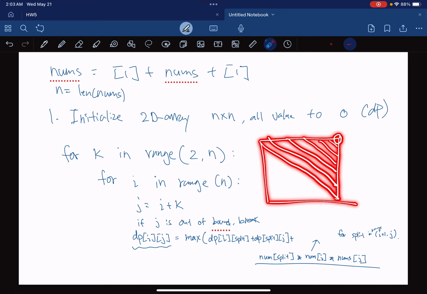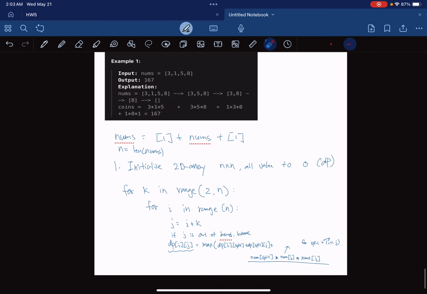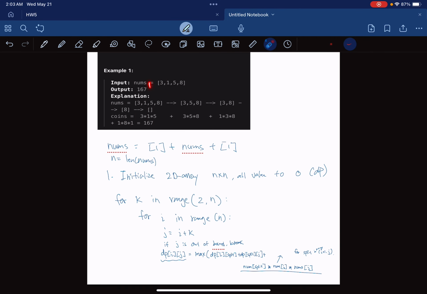This is the case of dp 0 to n minus 1, where we consider all of the numbers, including the padding of 1 and 1. So in the calculation, these two will be ignored, and we'll have to find the optimal value for these numbers.